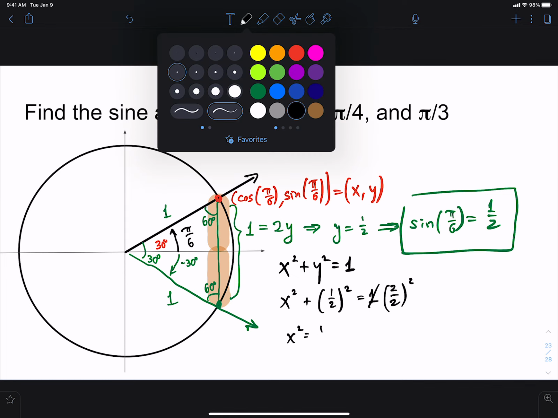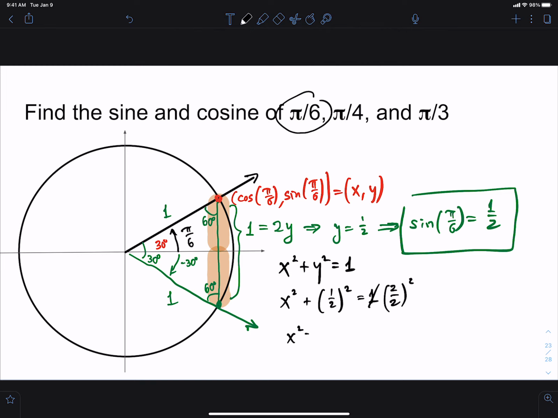That means that x squared plus 1/4 is 4/4, or x squared is equal to 3 over 4. And that means that x is the square root of 3 over the square root of 4, which is 2.